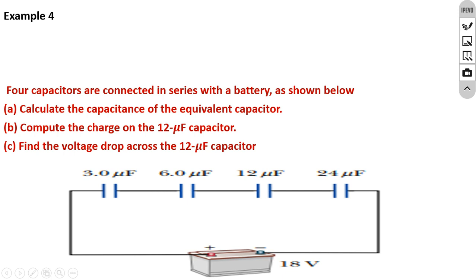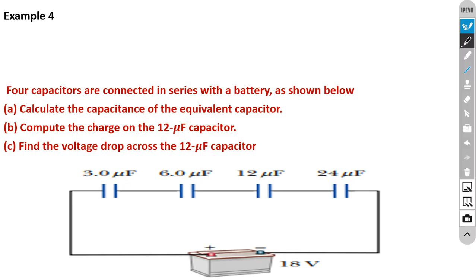4 capacitors are connected in series with a battery as shown below. So this is a series arrangement. This is the first capacitor, C1, C2, C3, C4. This is the battery here. Calculate the capacitance of the equivalent capacitor.